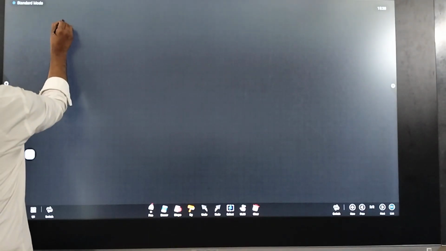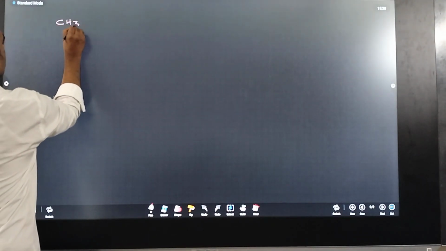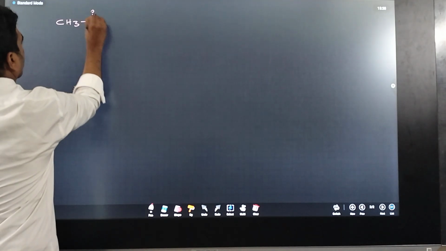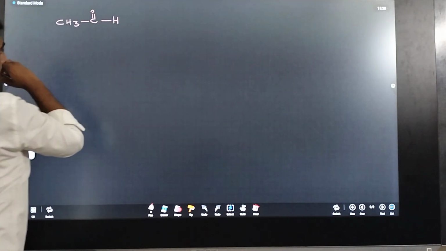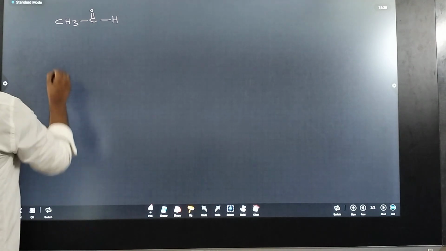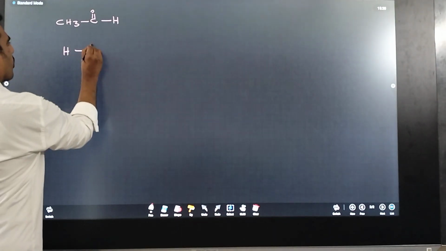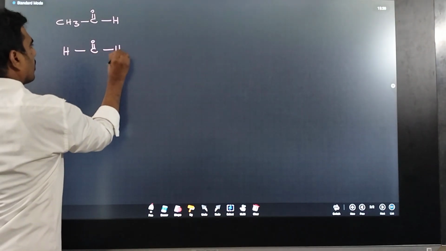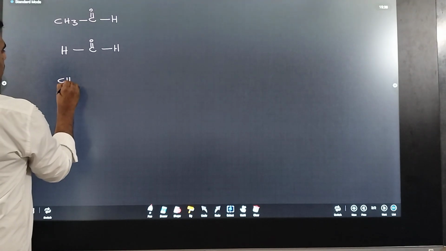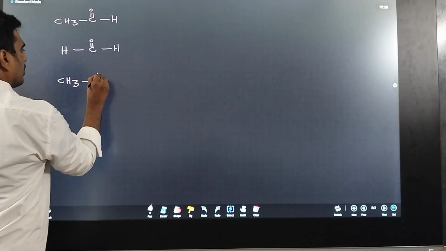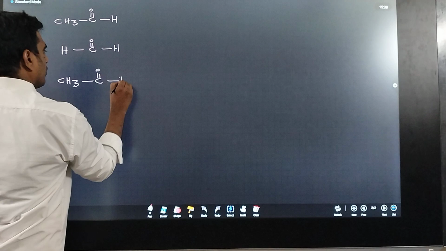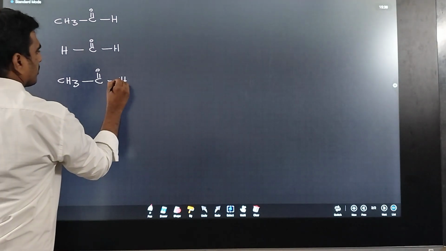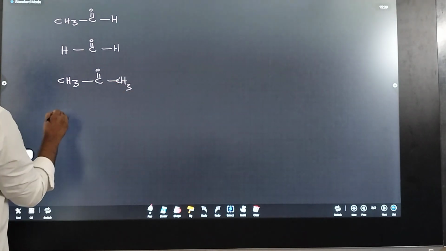Here this is a carbonyl compound, and this is also a carbonyl compound because it contains the C double bond O group. Next I can write one more compound, acetone.